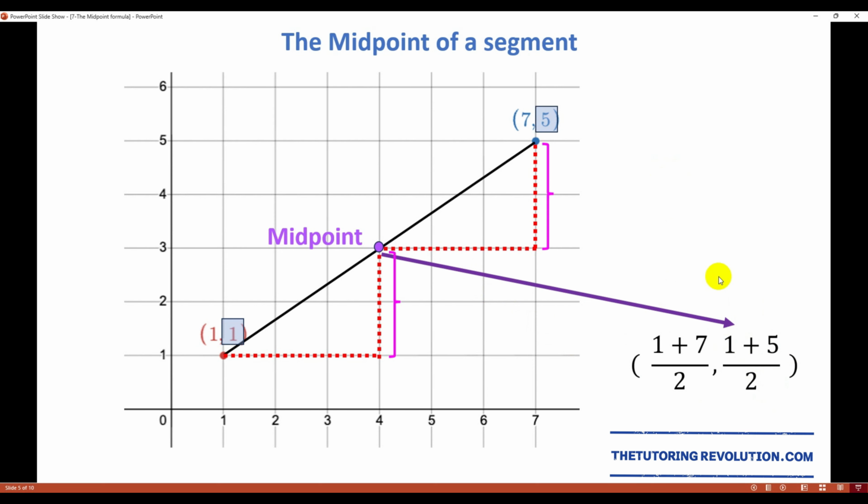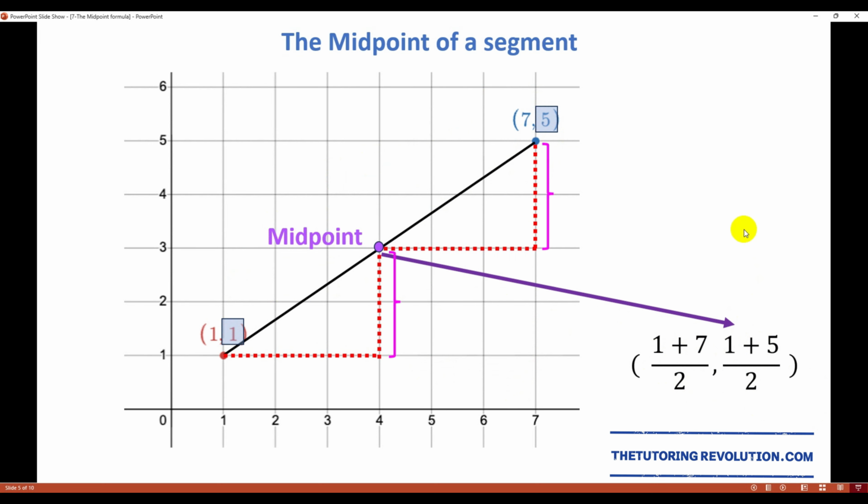So as you can see, the midpoint can be found by using the average of the x-coordinates of the two endpoints for the x-coordinate of the midpoint, and using the average of the y-coordinates of the endpoints to find the y-coordinate of the midpoint.